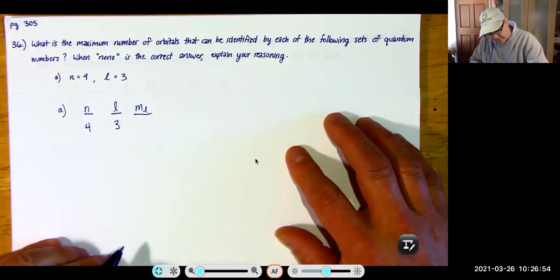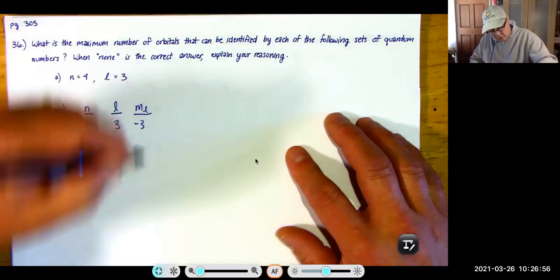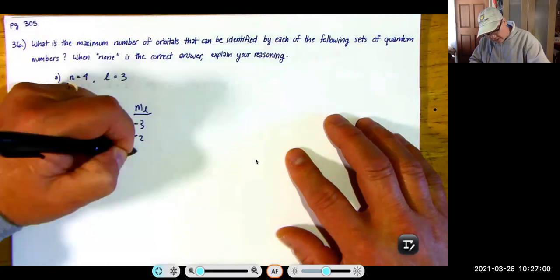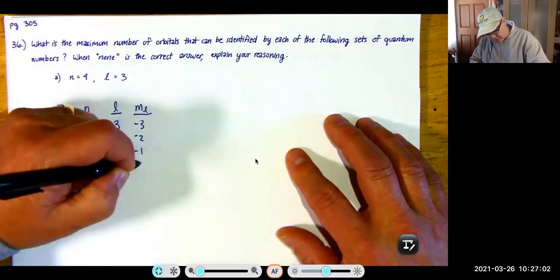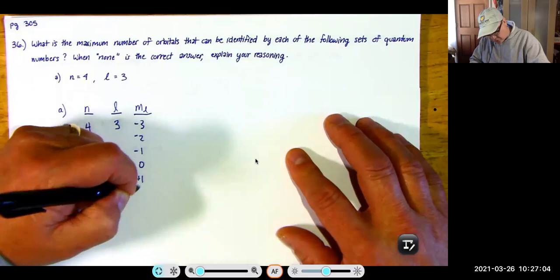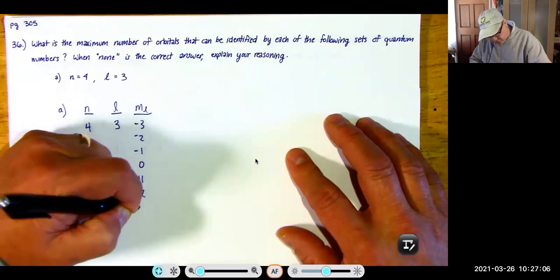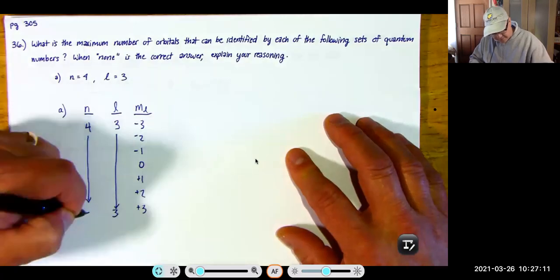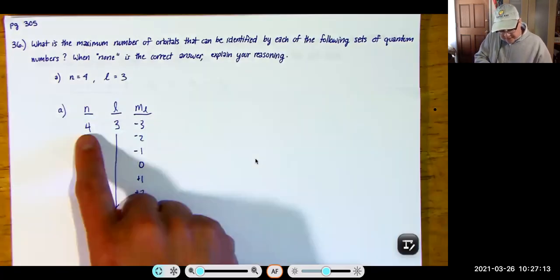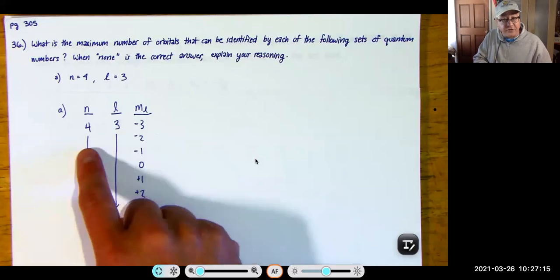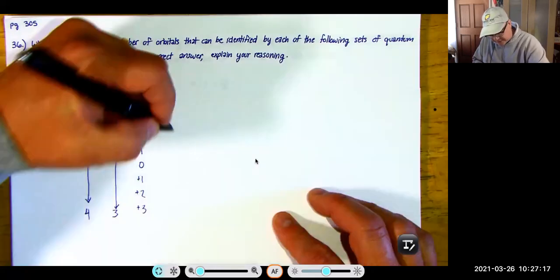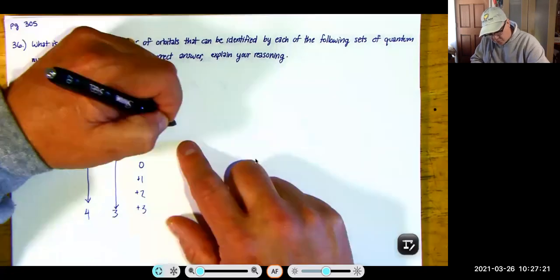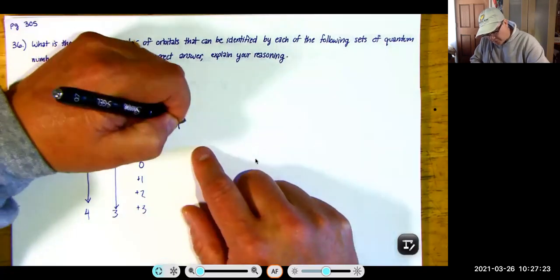It can be -3, or -2, or -1, or 0, or +1, or +2, or +3. Now this 3 goes all the way down to here. This 4 goes all the way down to here. So you could have 4, 3, -3, 4, 3, -2, and so forth. This is an orbital right here, and this is called a 4f orbital.